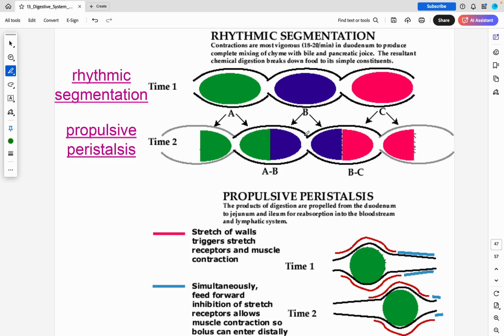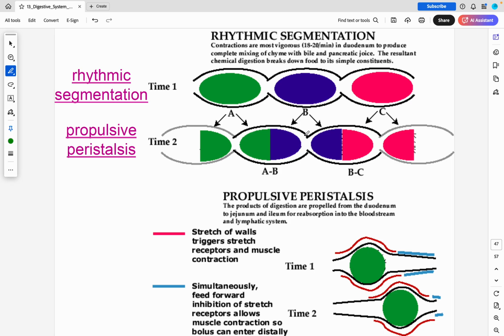As food passes through the small intestine, there are several mechanisms that take place. There is what we call rhythmic segmentation and propulsive peristalsis. Rhythmic segmentation consists of contractions that are most vigorous in the duodenal section in order to produce complete mixing of the chyme with bile and pancreatic juice, because the duodenal area is the receptacle of the chyme from the stomach.